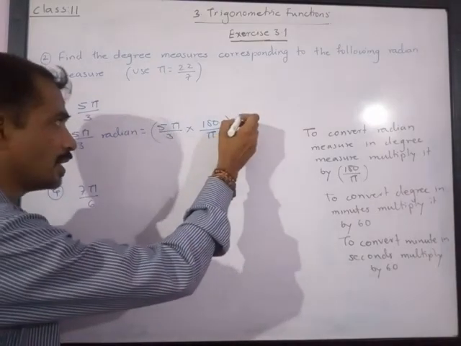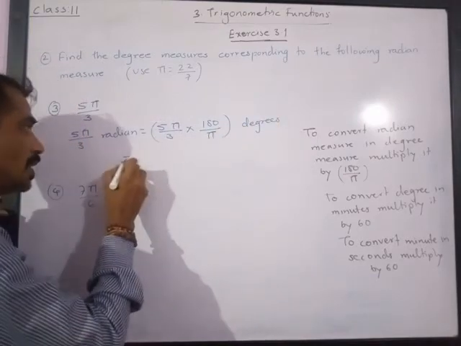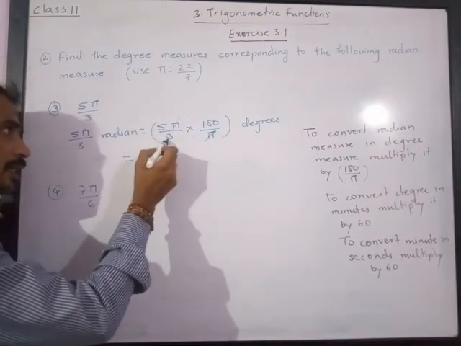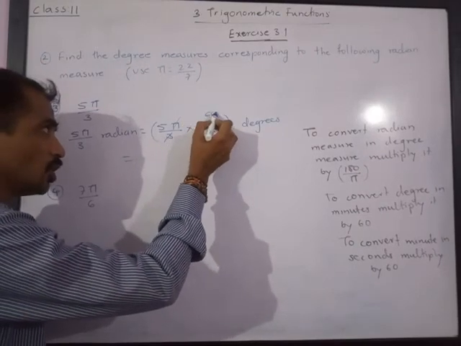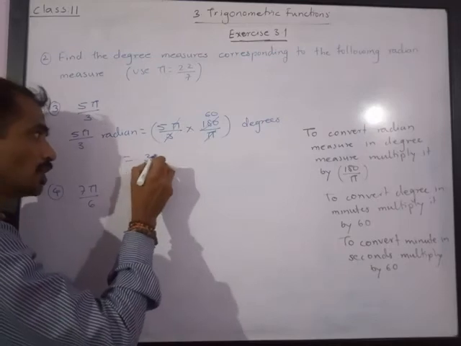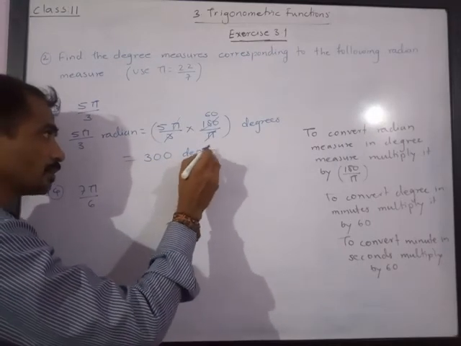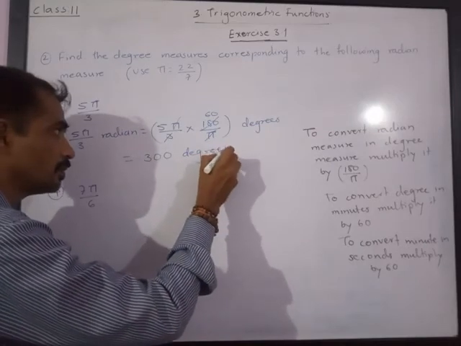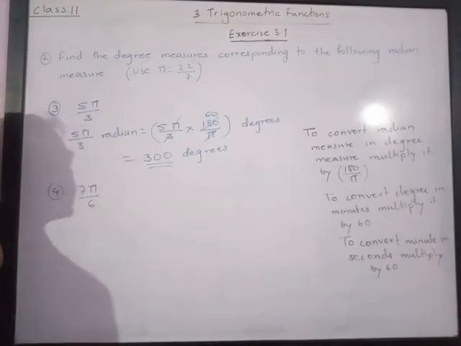We will get the answer in degrees. So pi cancels, 3 sixes are 18, 0 as it is. Next is 5 sixes are 30, so this is 300 degrees. So please note 5 pi upon 3 is equal to 300 degrees.